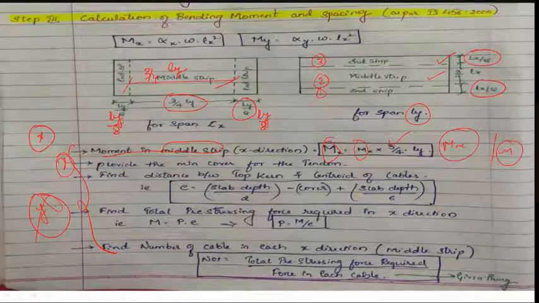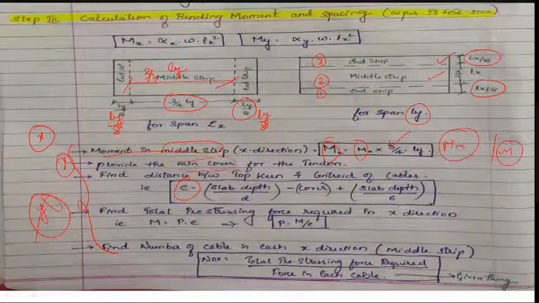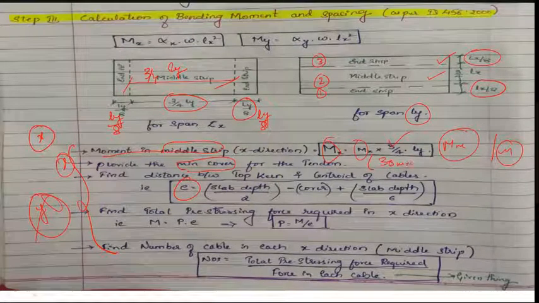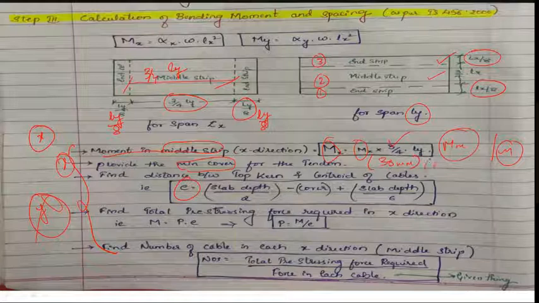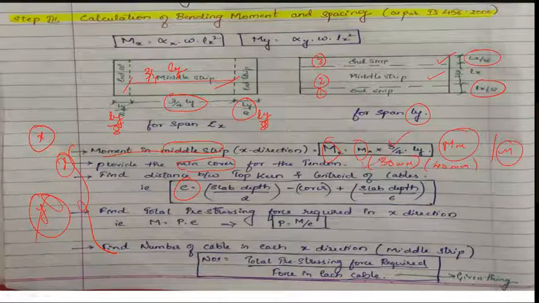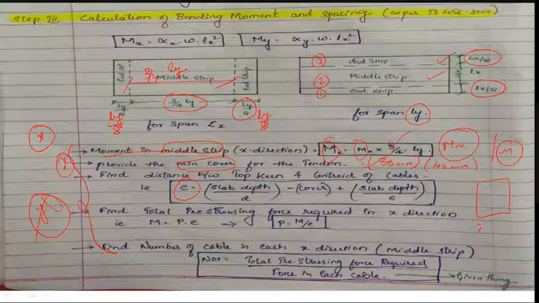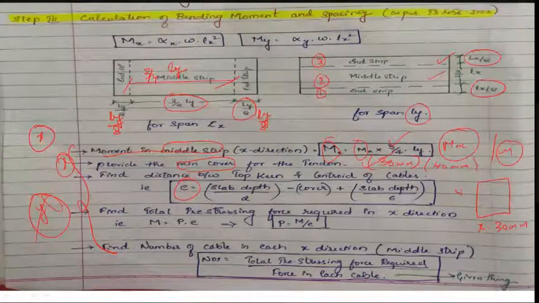Then we have to determine the eccentricity e. Before that, use suitable cover. Minimum you should take a cover of 30 mm. You can take it as 40, 50, whatever, but the minimum cover should be 30 mm. For x direction you can provide a minimum 30 mm cover, for y direction you can give a cover of 40 mm.